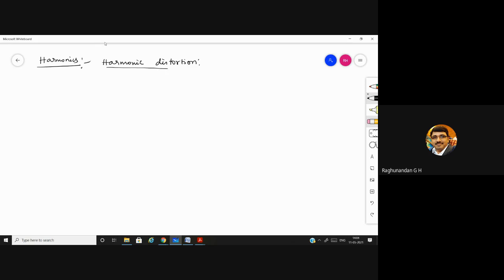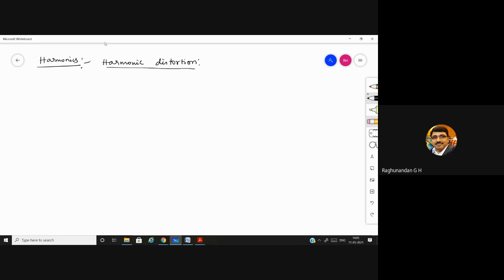So the output is not clear. It will have a large amount of distortion. In simple words, harmonics means the extra signals which are present at the output, which were not present at the input. We were expecting a single amplified version of the input, but along with it I'm having some more extra signals, which leads to harmonic distortion.